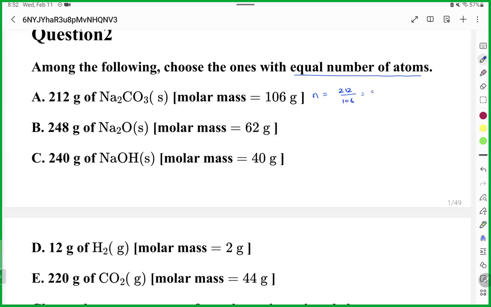So total number of moles will be 2. Here 248 divided by 62, what will be the molar mass? It will be 4. Here 240 divided by 46. Here 12 by 2, 6. Here 220 by 44, 5.